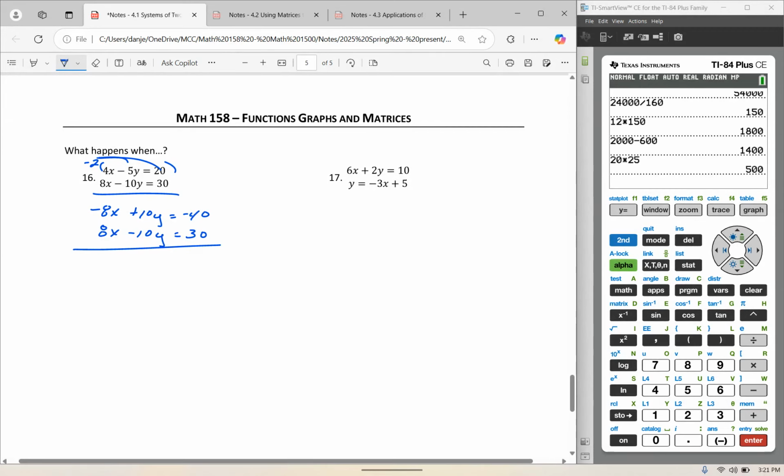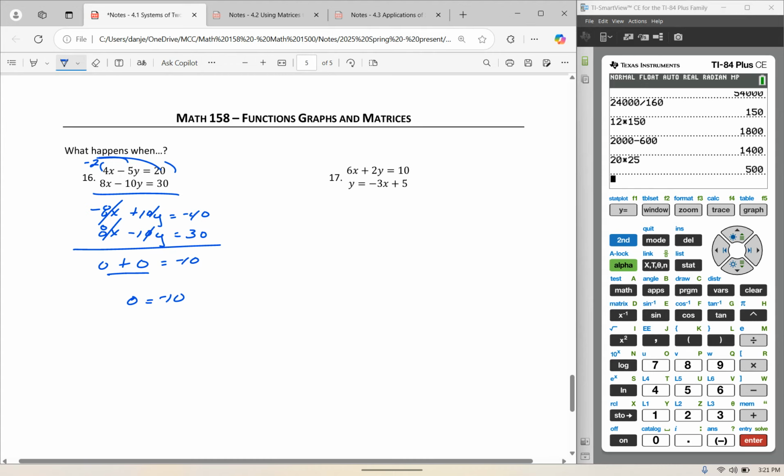Now when we add the equations together, notice -8x and 8x is 0. 10y and a -10y is also 0. So 0 plus 0 is 0 on the left-hand side of the equation. But -40 and 30 is -10. At this point, I see students do all kinds of bizarre things. Stop and think.